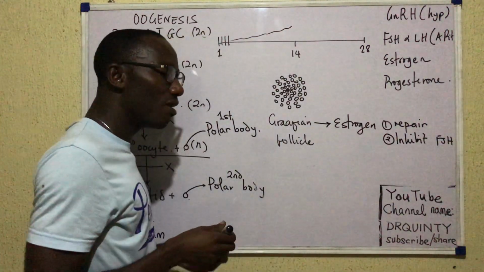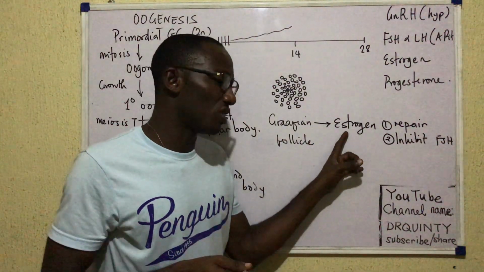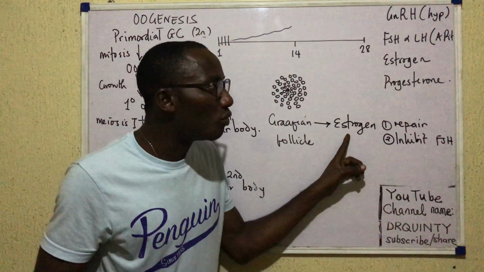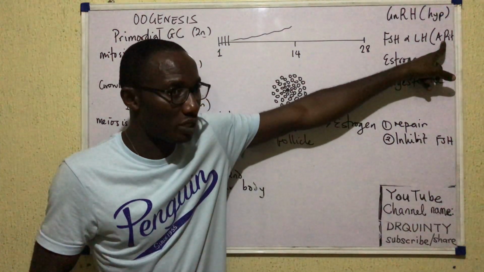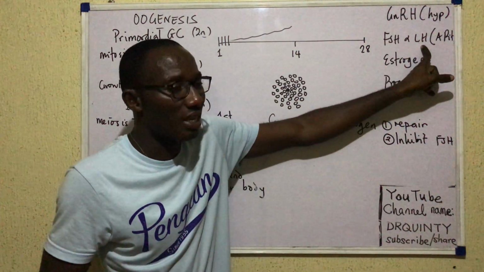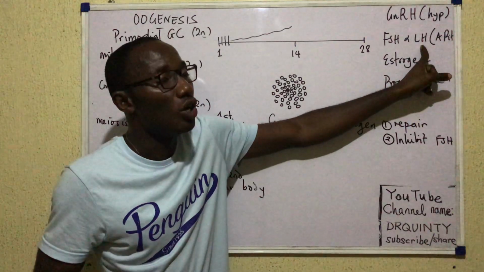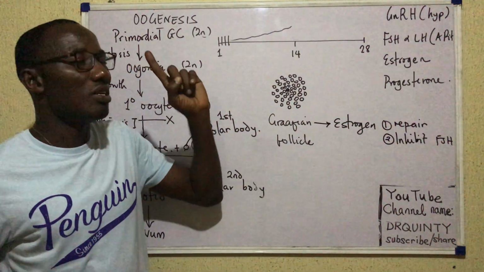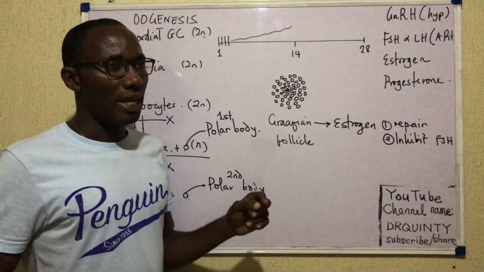Now there's a level that this estrogen gets up to, such that it will stimulate the anterior pituitary to release its second hormone, which is called luteinizing hormone. The luteinizing hormone is released in a surge, like suddenly.